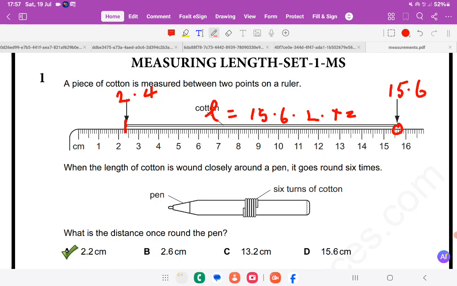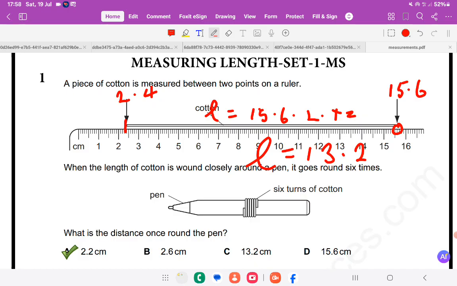If you subtract 15.6 minus 2.4, you should get 13.2. Okay, so that's the whole length of the thread.